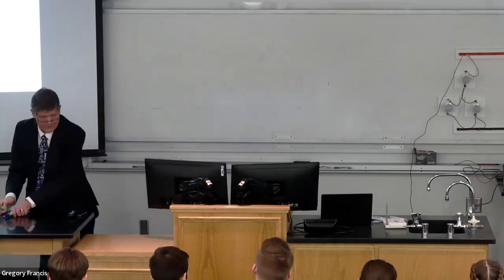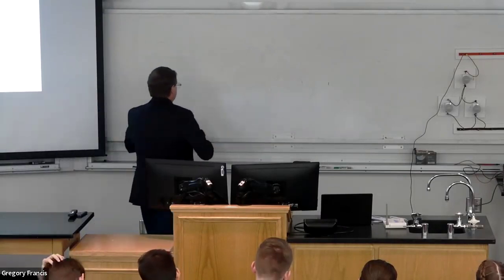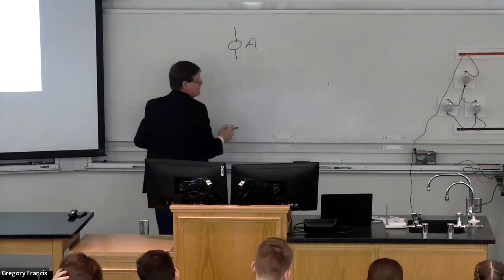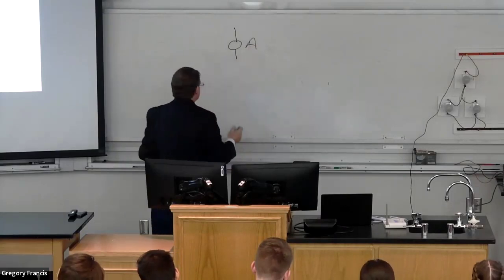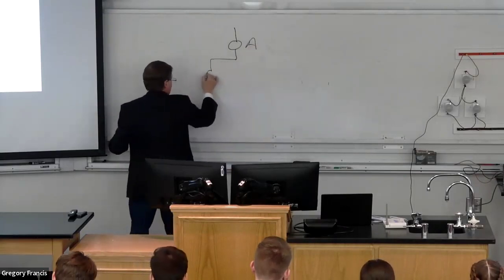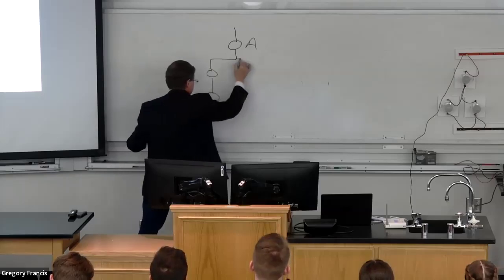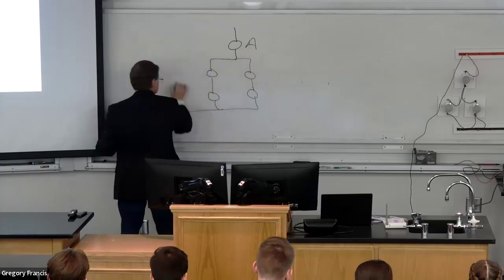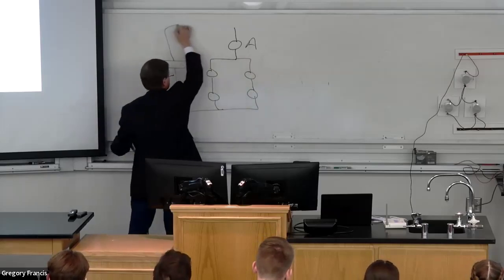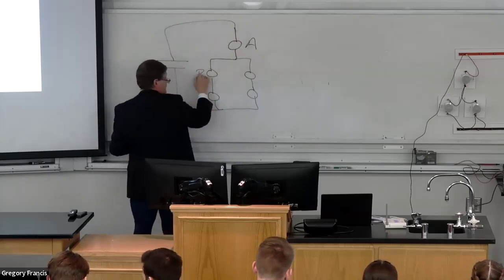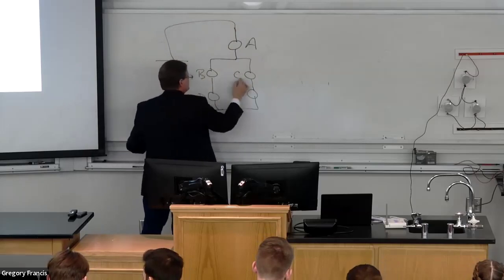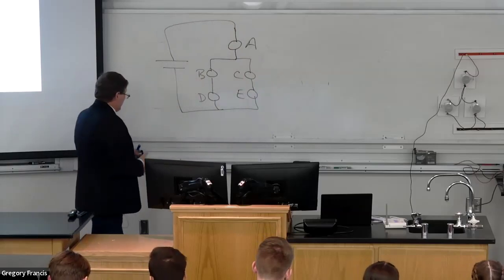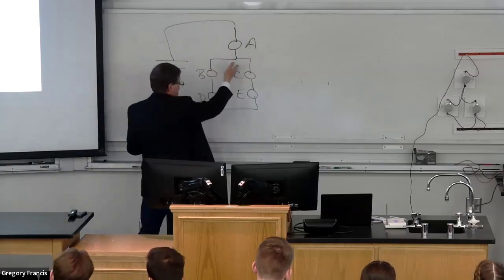When the current gets through going through A, it's got a split between B and C. If I draw those two paths the same, this would be B and D, and this would be C and E. And then I ask myself, how would it split if this were the circuit?